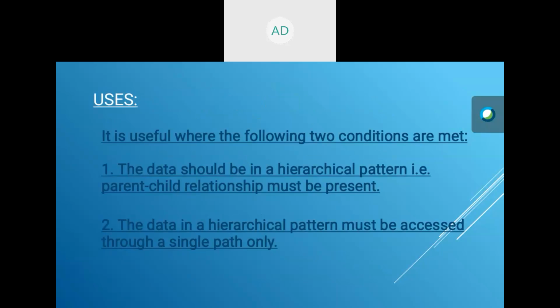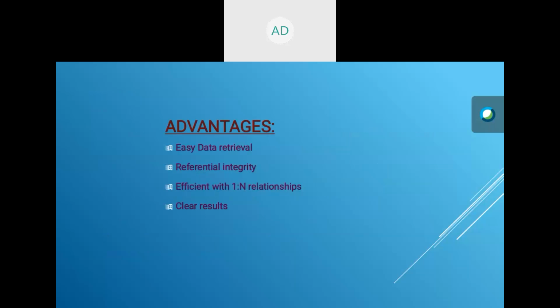And we have two criteria, or two parameters. We use this when these two mentioned conditions are met. Then the advantages are data retrieval. Data retrieval means obtaining data without ambiguity, and referential integrity.